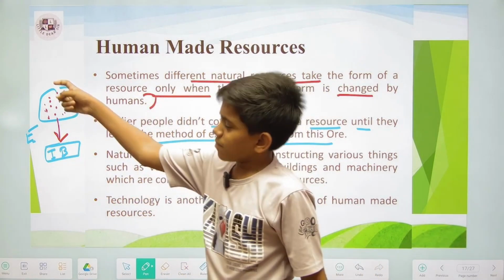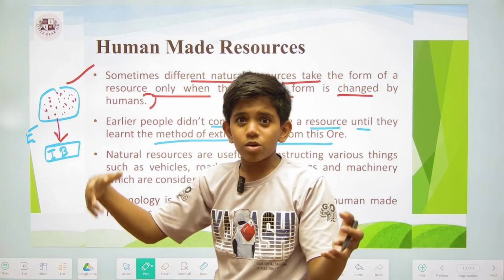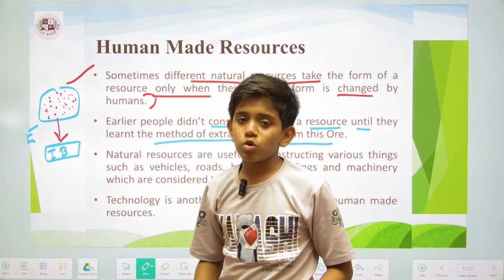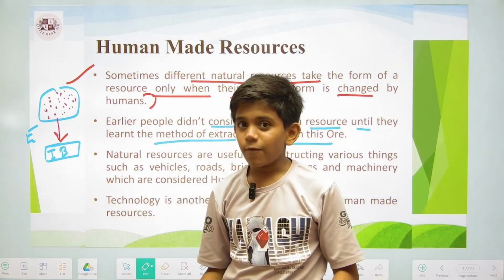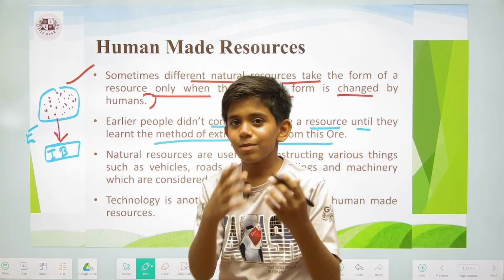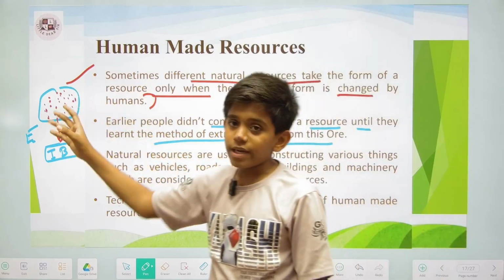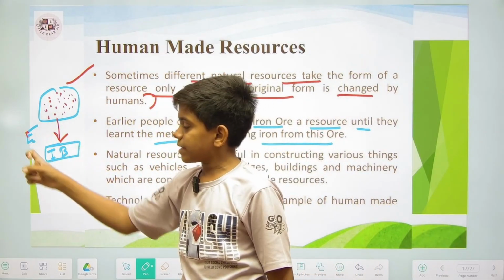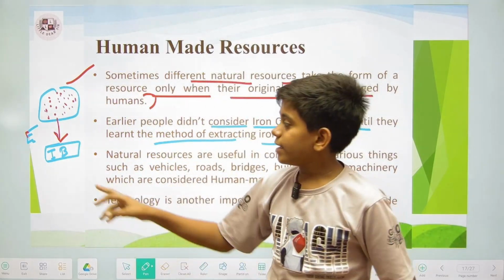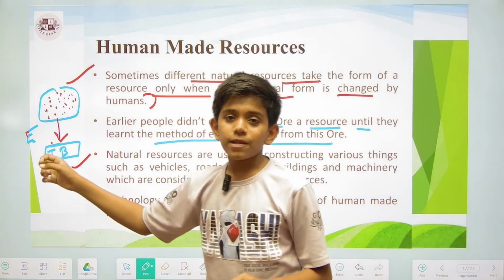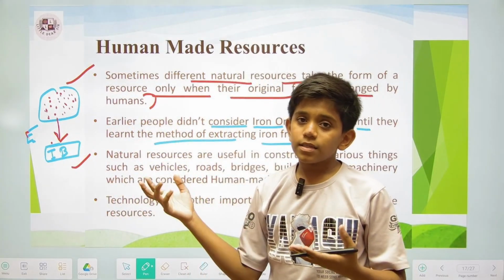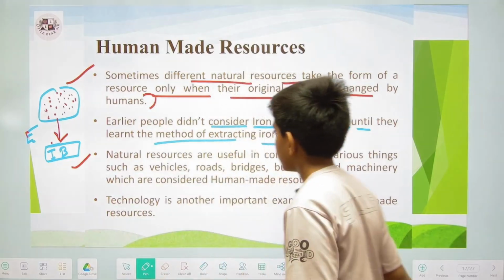The people first found it, but they would think it was a stone and throw it away. If I were there, I would take it and put it in my bag. But when people learned the method of extracting the iron, and it is very expensive, they did it, and it became a type of human-made resource.